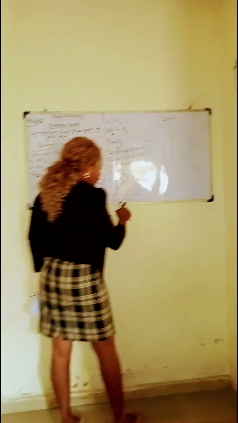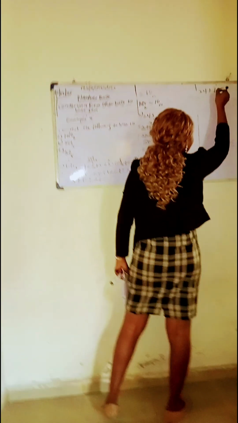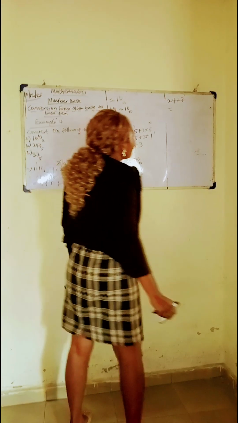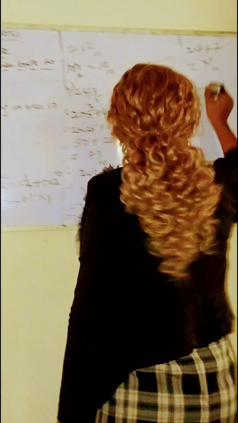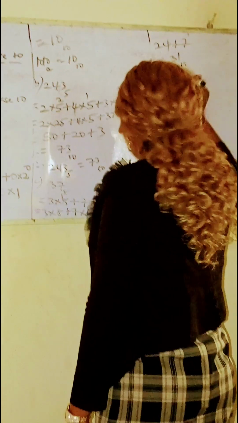Plus 7 times 1 will give us 7. So you add 24 plus 7 will give us 31 to base 10. So we have therefore 37 to base 8 is equal to 31 to base 10.